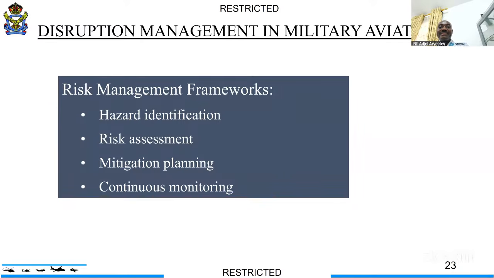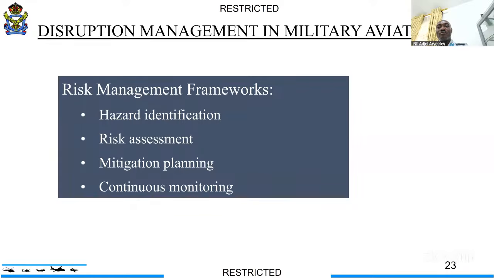Anytime we have a task, we have to identify the hazard that may be associated with the task. Then we do a risk assessment. Is the risk assessment proved to be manageable? Then we can undertake the task. Because in the military, we don't do safety first. We do mission first and safety always.